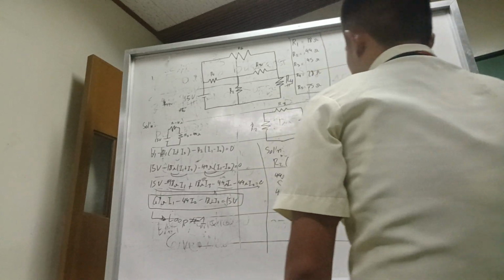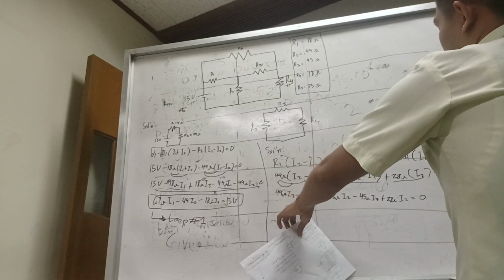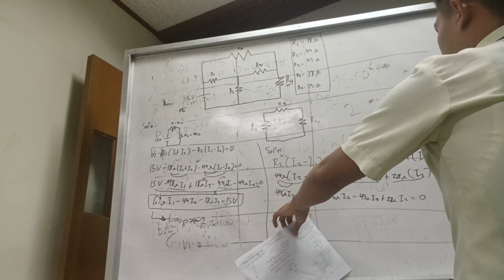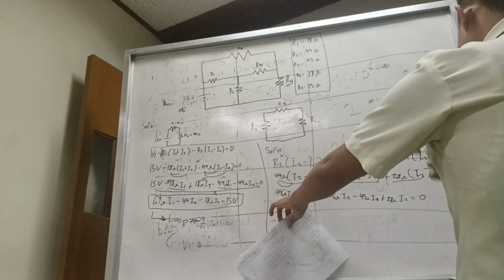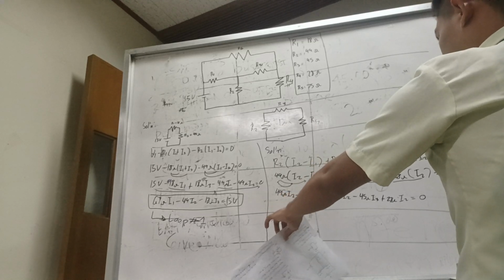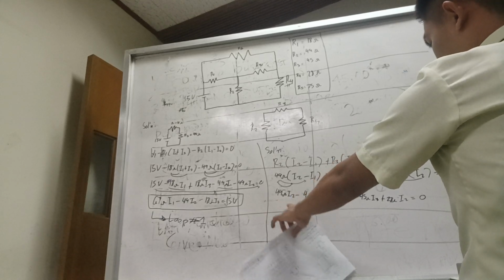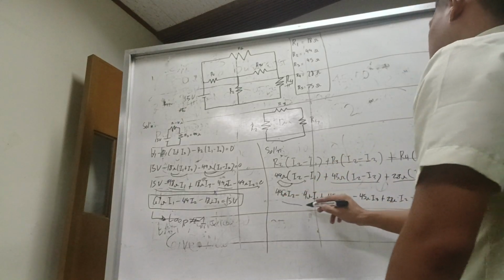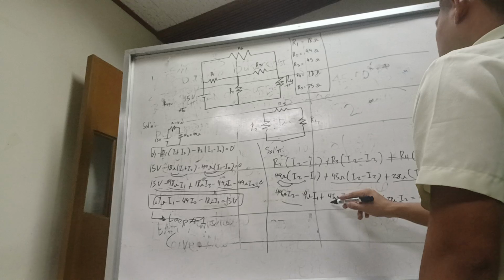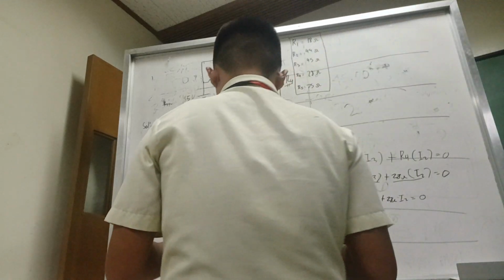So we need to combine the same symbols so we can add them all together. I2, so the first is 49 ohms I2 plus 45 ohms I2.